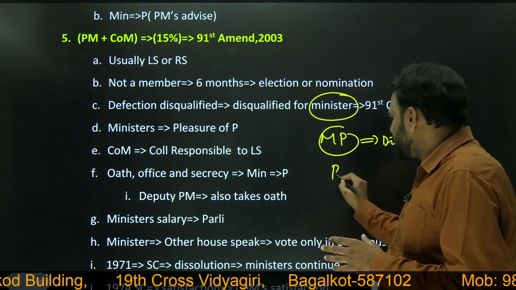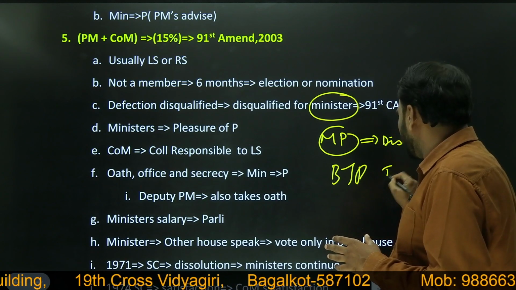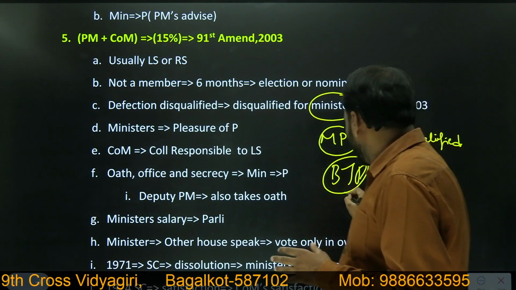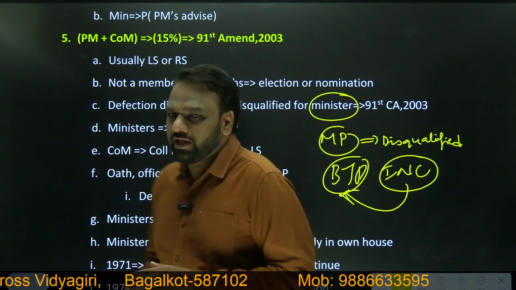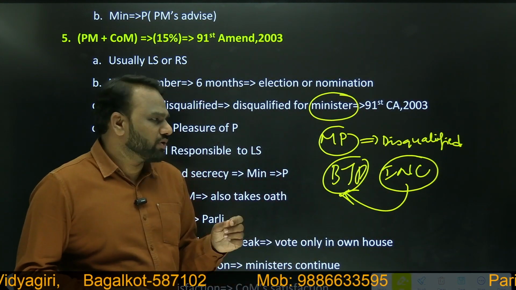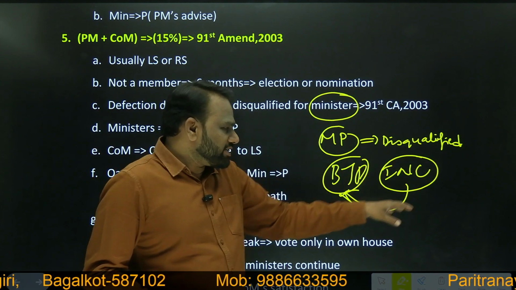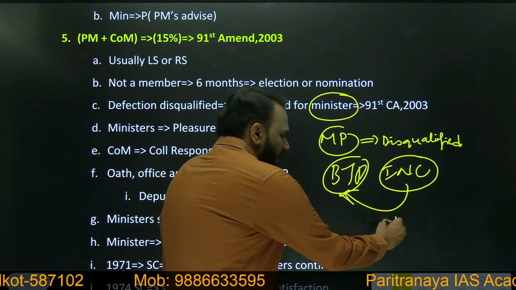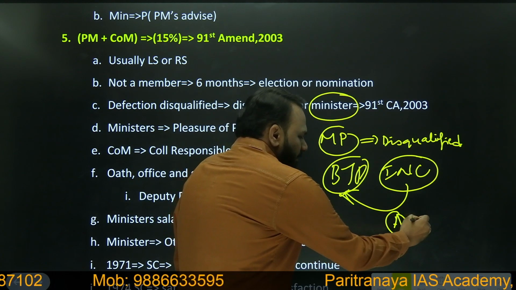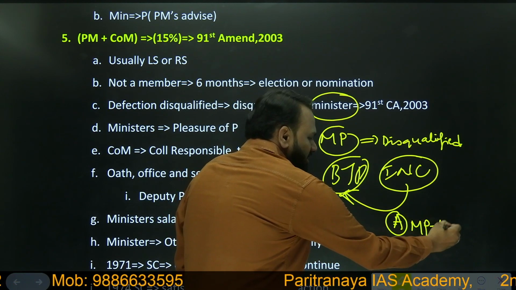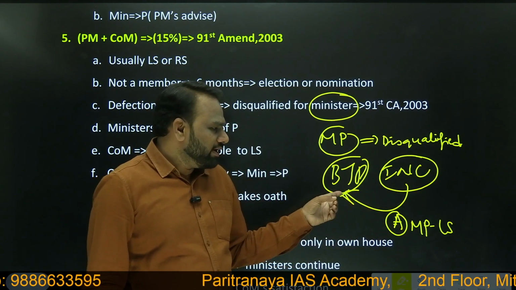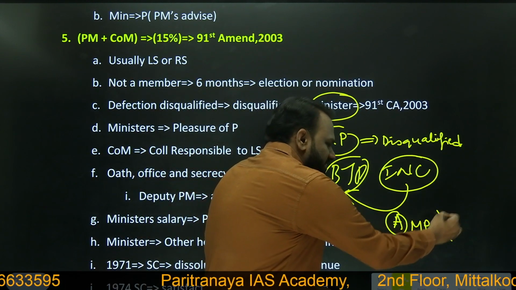When a person switches from one party to another, that is called defection. Let us assume a person A is a Lok Sabha MP. If he switches from the Indian National Congress to BJP, then he will lose his Lok Sabha seat.